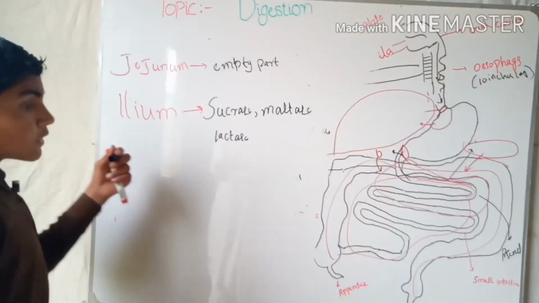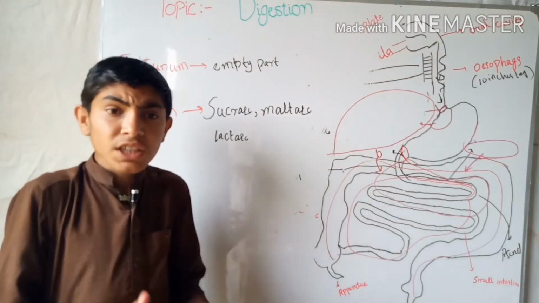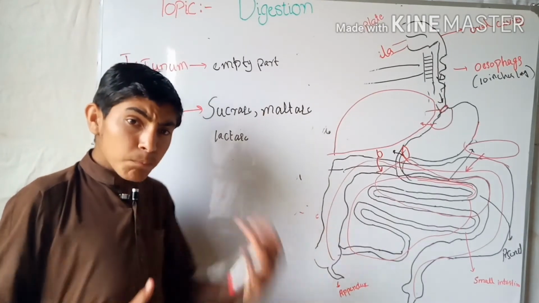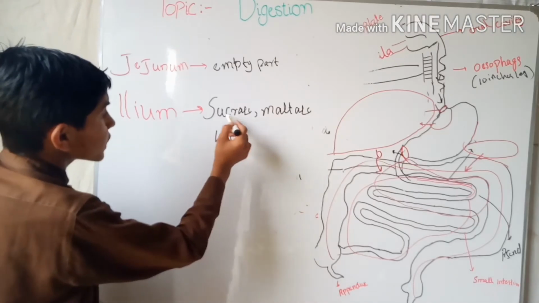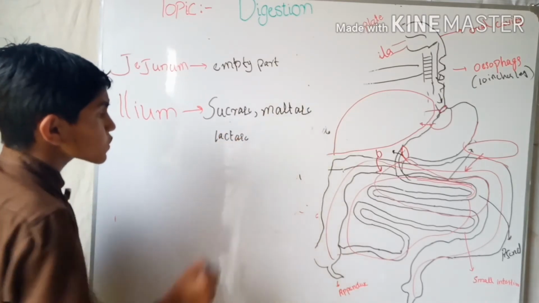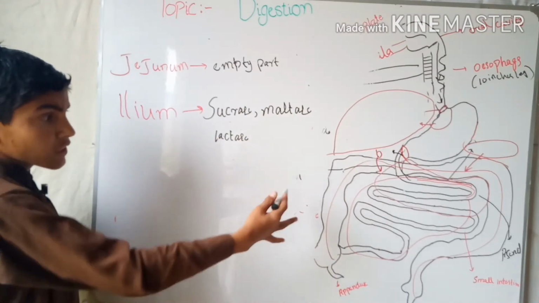So in the ileum there is the absorption of food into the bloodstream. It secretes these chemicals, sucrase, maltase and lactase, which help in the absorption of food in the ileum.